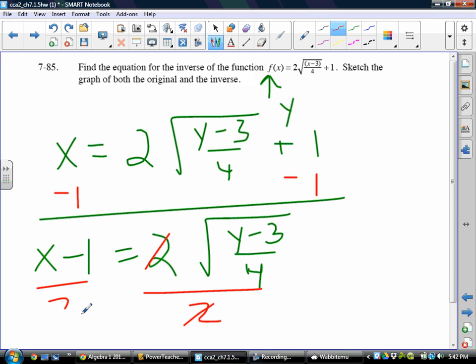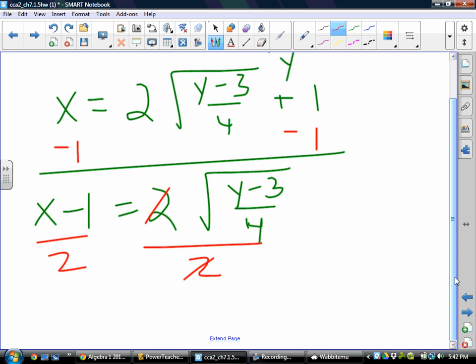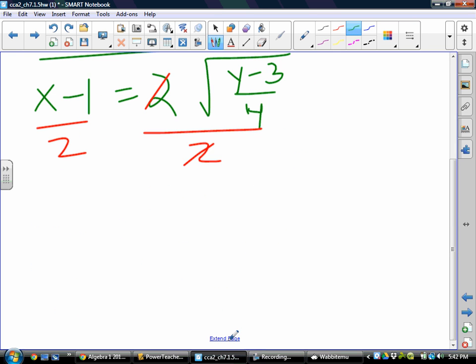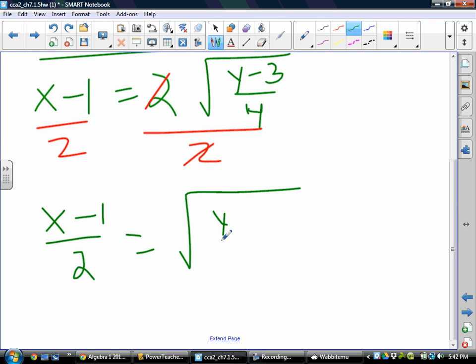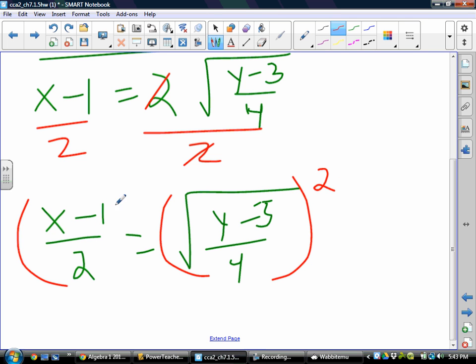So my next line will say (x minus 1) divided by 2 equals the square root of (y minus 3) over 4. Now to cancel out my square root sign, I'm going to square both sides. They're the opposite. They're undoing each other. That's what inverses do.